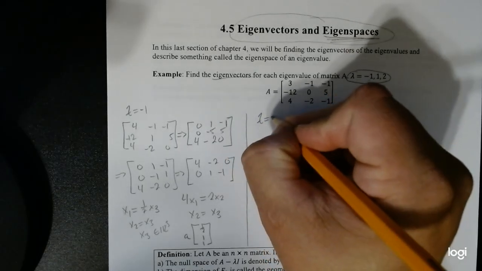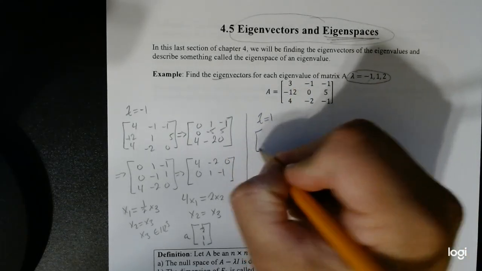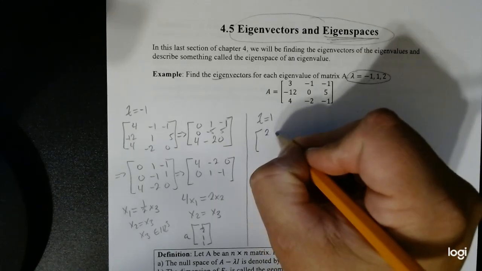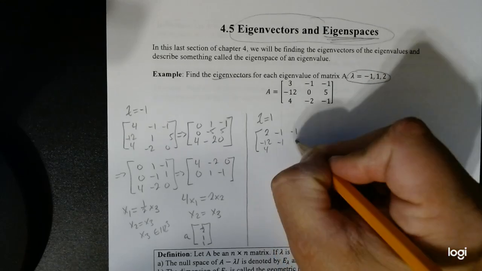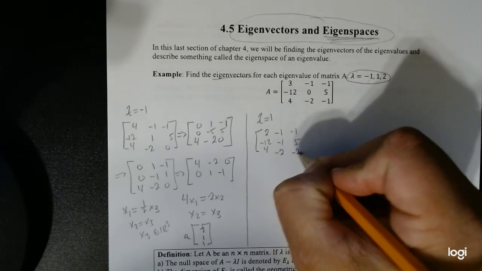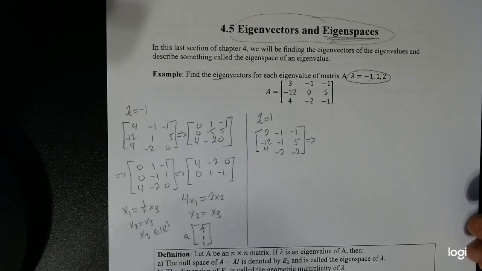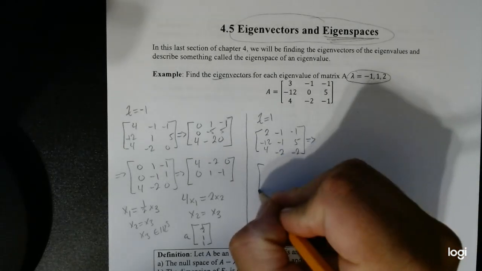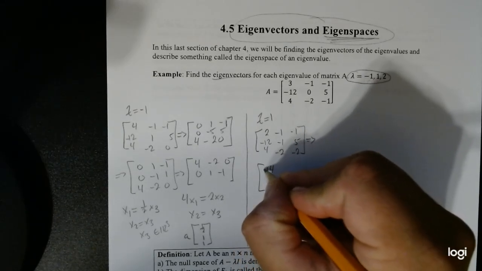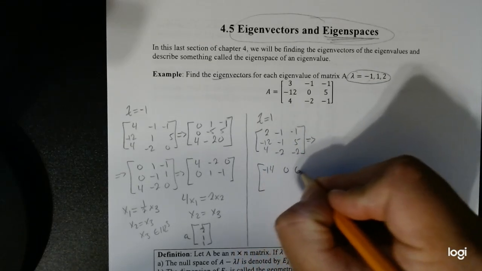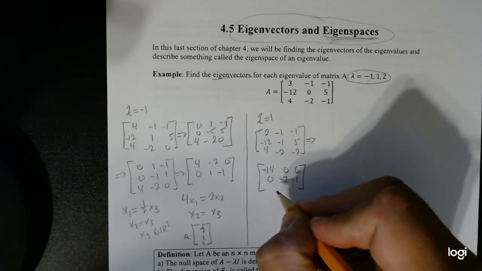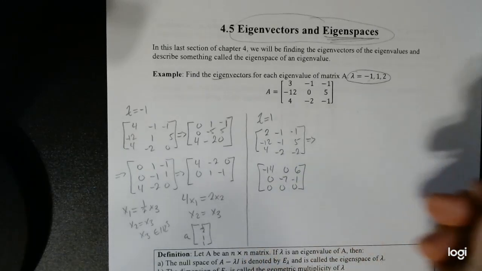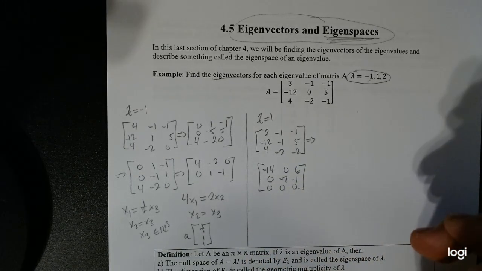So if lambda is equal to 1, now we actually would subtract, and we do the same process. So slowly breaking it down, again I eventually get something along these lines.